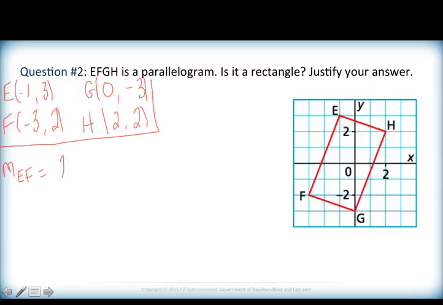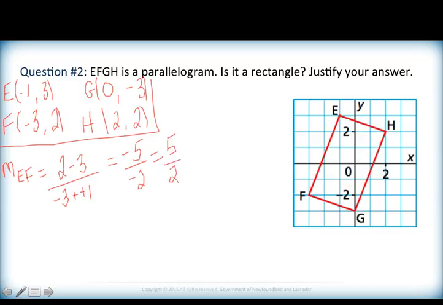We're going to have 2 subtract 3 and -3 subtract -1. This is going to produce an answer of -5 divided by -2. And when we simplify that, that's going to give us an answer of 5/2.